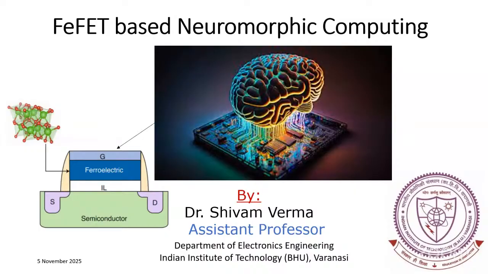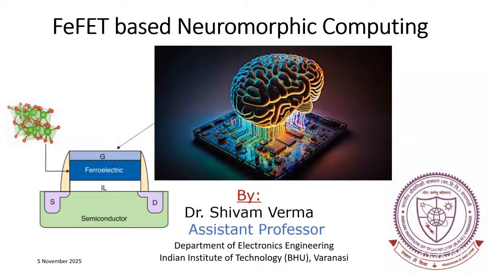First of all, you can see the picture of a human brain on my slide. Neuromorphic computing is quite related to our human brain, as the human brain performs computation using spiking networks consisting of neurons connected through synapses.